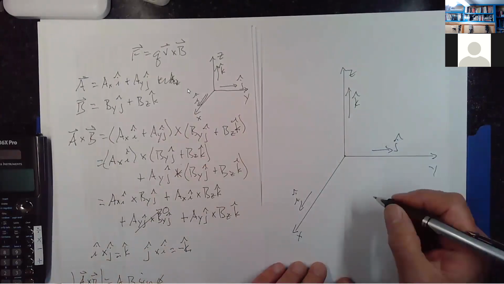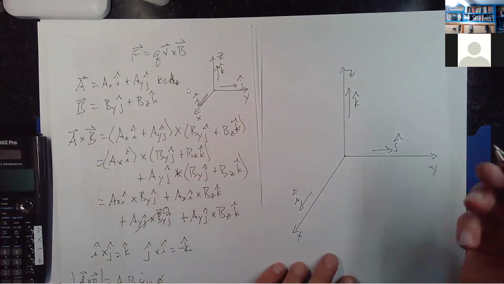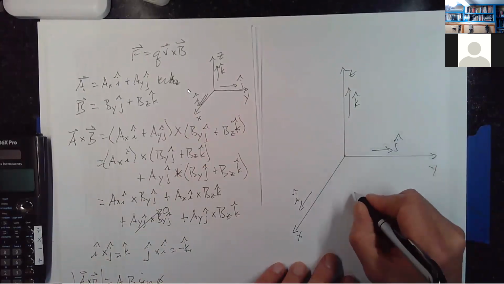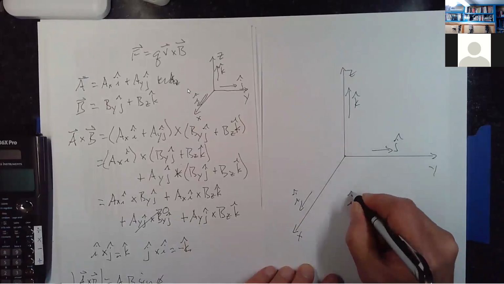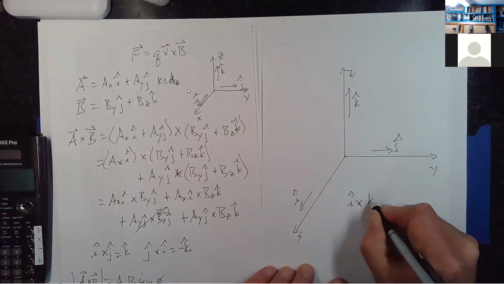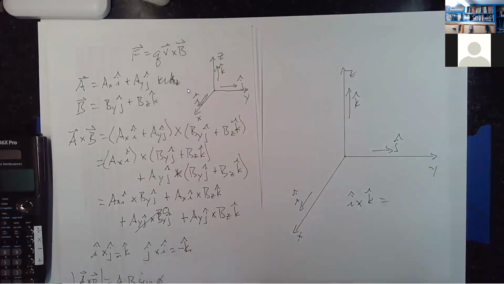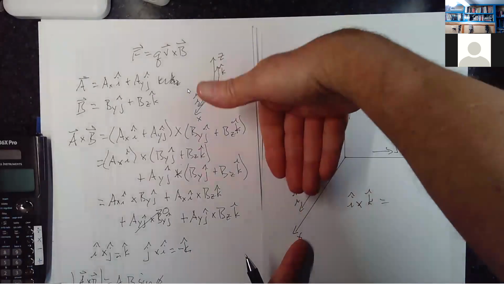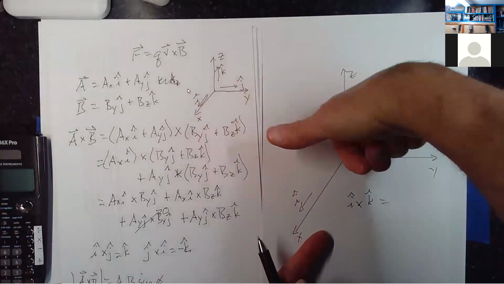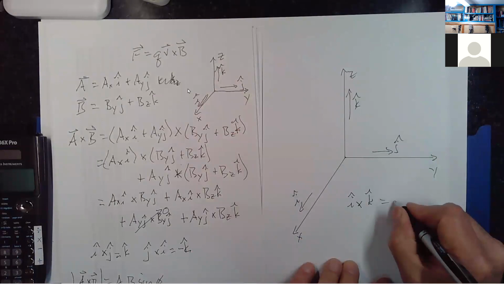And then I guess we could figure out all of them. We already took care of this pair. So what about i hat cross k hat? Well, i hat, point your fingers that way so you can curl them toward the k hat, and it'll be negative j hat.